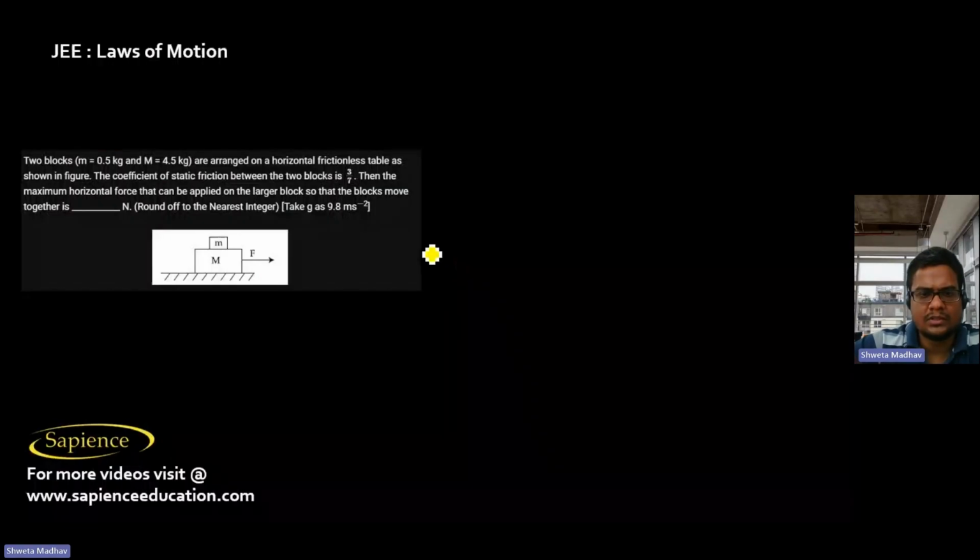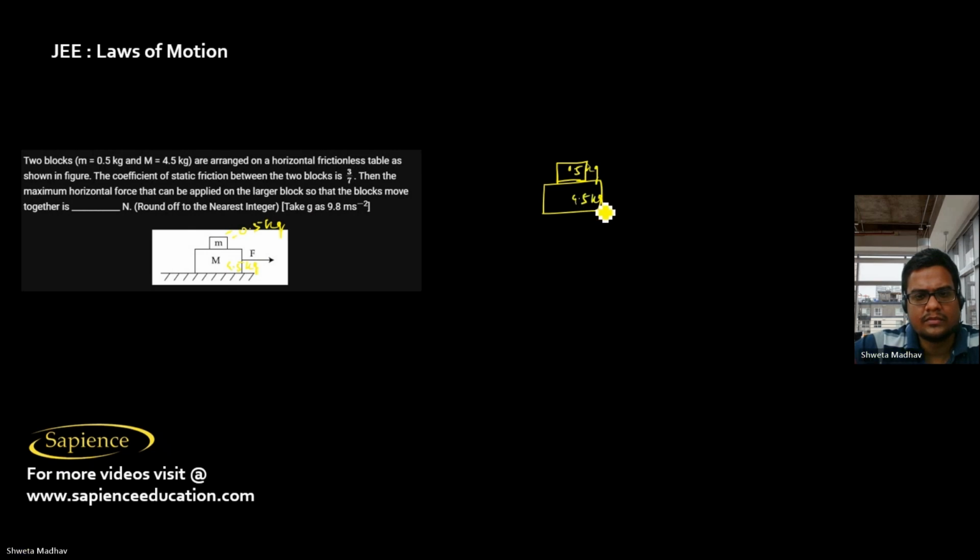Here it is told that two blocks, mass m is 0.5 kg and mass capital M is 4.5 kg, are arranged on a horizontal frictionless table as shown in the figure. The coefficient of static friction between the blocks, mu, is 3 by 7.